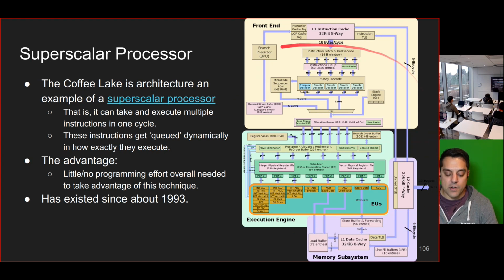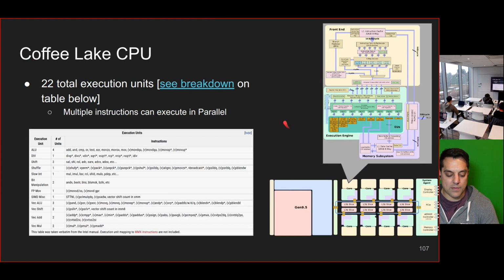This is a pretty technical representation of the actual machine, all the different components in here that you'd probably see in a computer architecture course. But the idea is this execution engine down here, which does all your math and the actual work, is highly parallel. Okay, so that's the only point that I'm trying to get to.